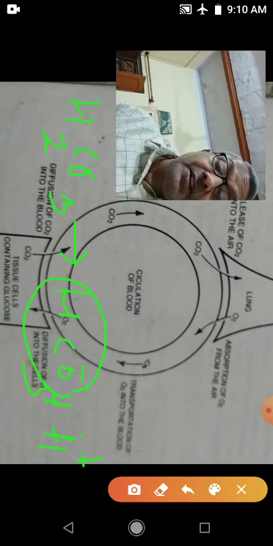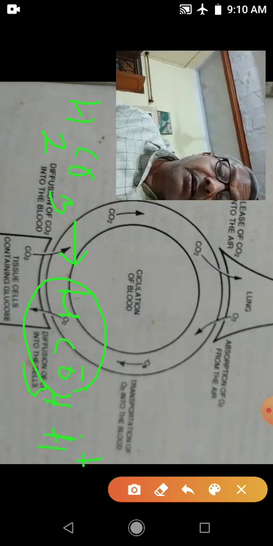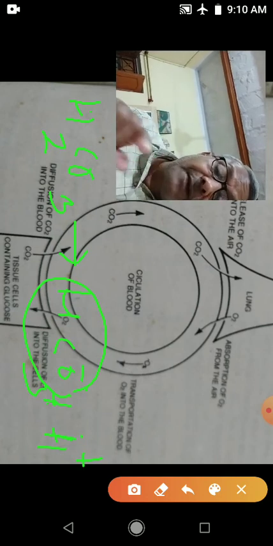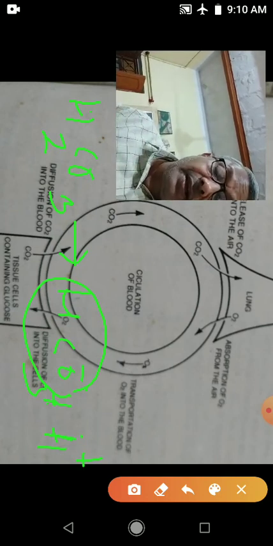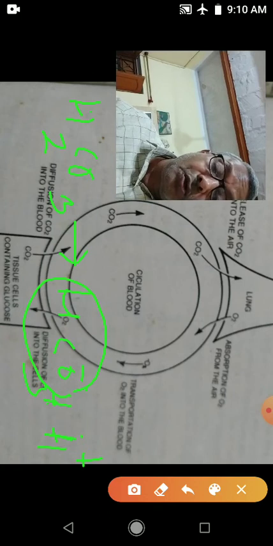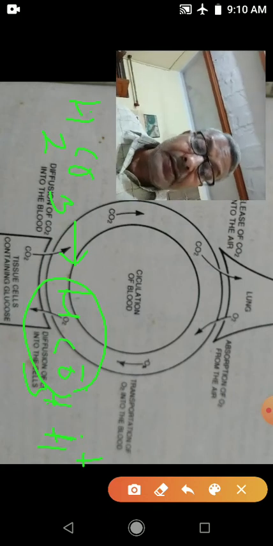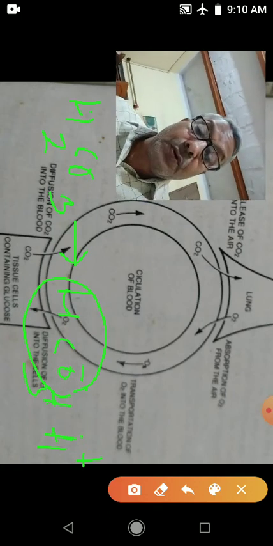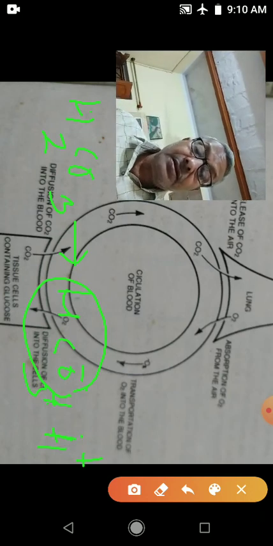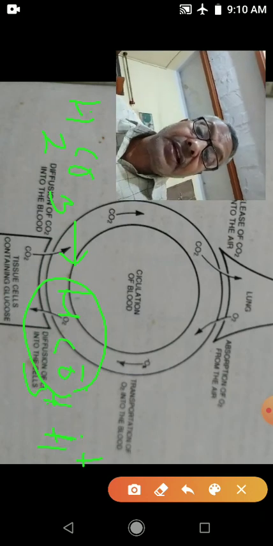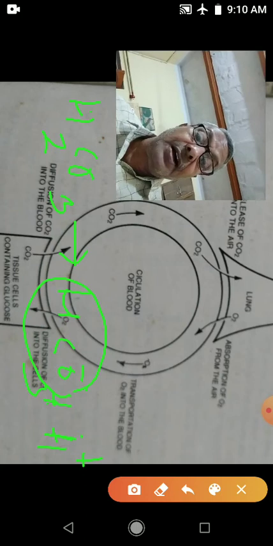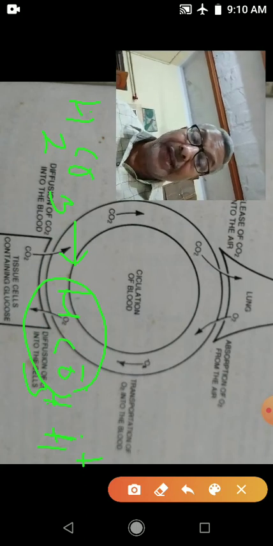So with blood plasma, that is plasma proteins, it combines and forms carbamino compound. And some carbon dioxide is transported by red blood cells in the form of carbaminohemoglobin.